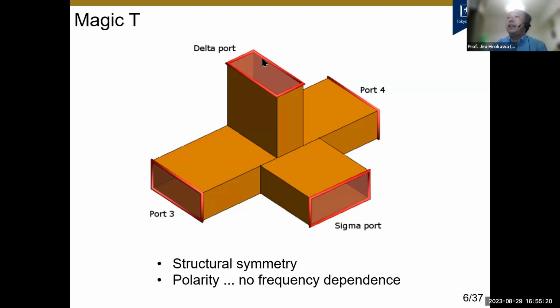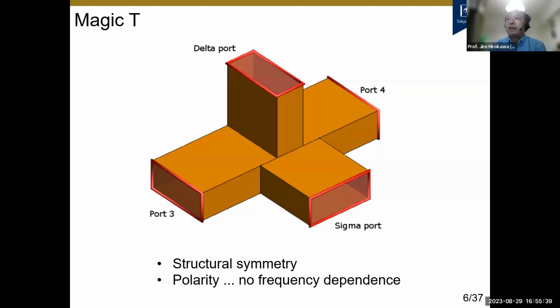While with input from the delta port, we have E-plane dividing, so output to port 3 and port 4 has a 180-degree phase difference.